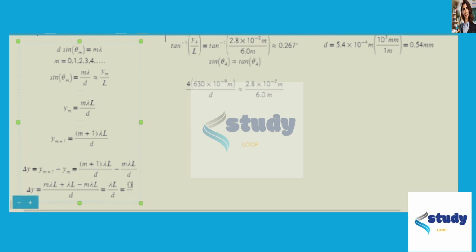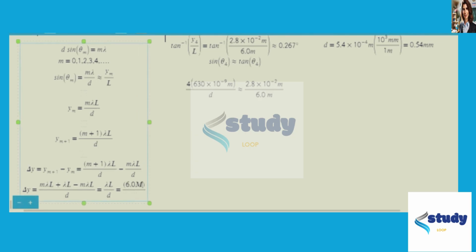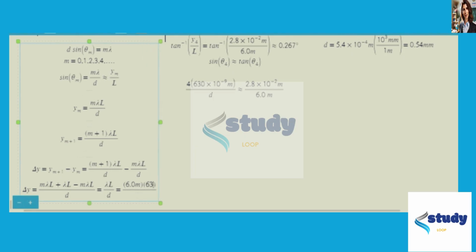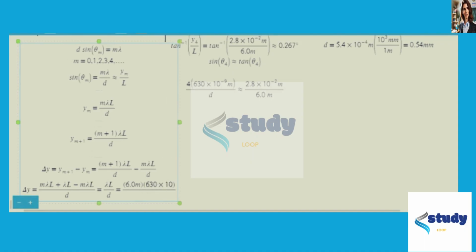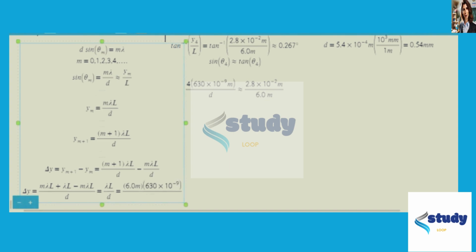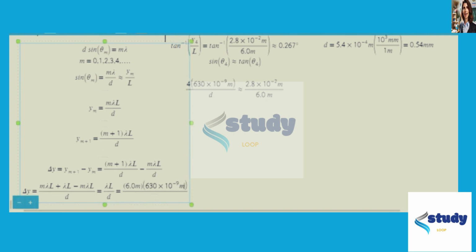Here in the numerator, we're going to get 6.0 meters times 630 nanometers over the slit separation, 5.4 times 10 to the negative 4 meters.